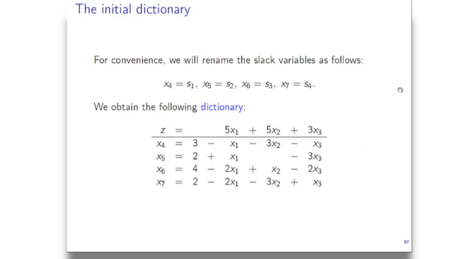One easy way to go in this case, by observing that all the numbers in this column are positive, we see that if we set x1, x2, and x3 all to 0, then this part here will disappear. The values for x4 will be 3, for x5 2, x6 is 4, and x7 is 2, and this will give us a feasible solution to our problem, because everything is non-negative as required.